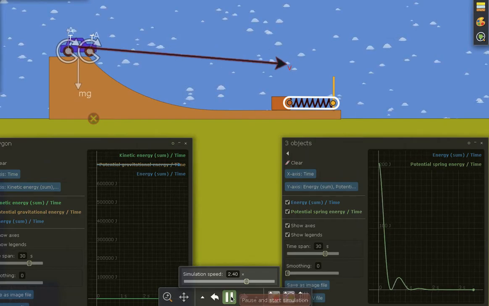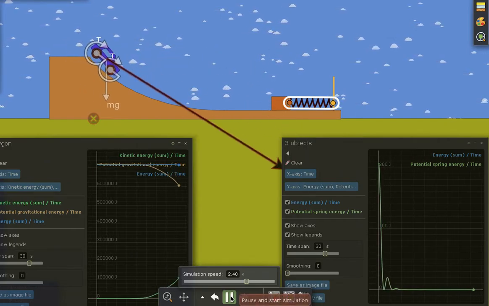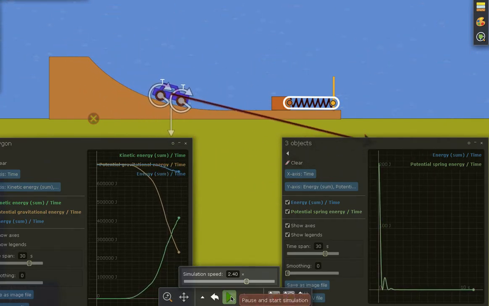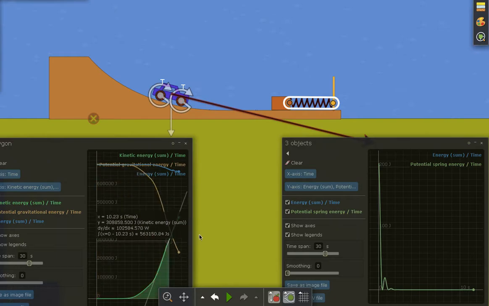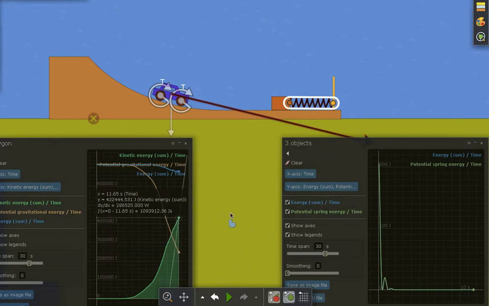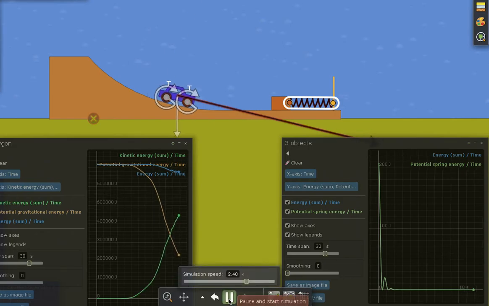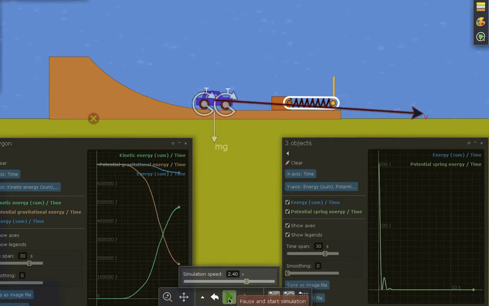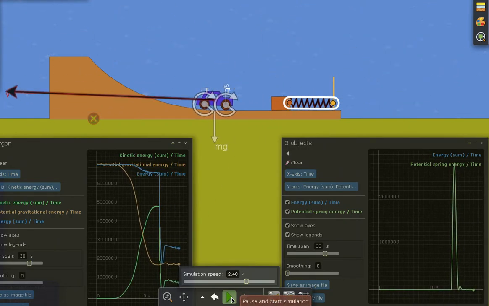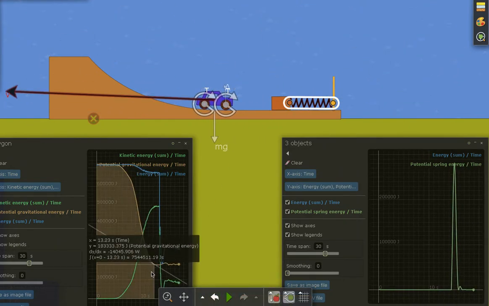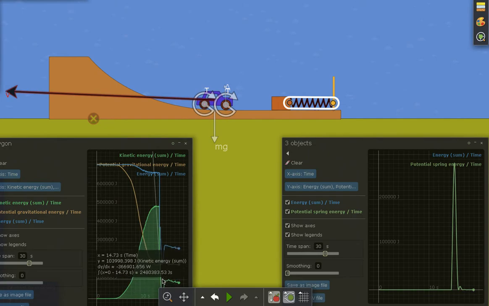So once I press play again, we see that the car travels down the ramp and that the gravitational potential energy is decreasing as the translational kinetic energy is increasing. So at the very bottom of the ramp, we see that the gravitational potential energy reached zero.